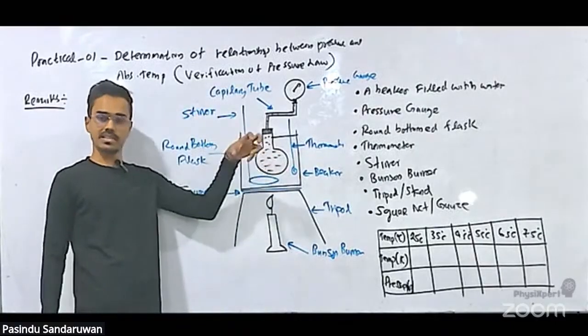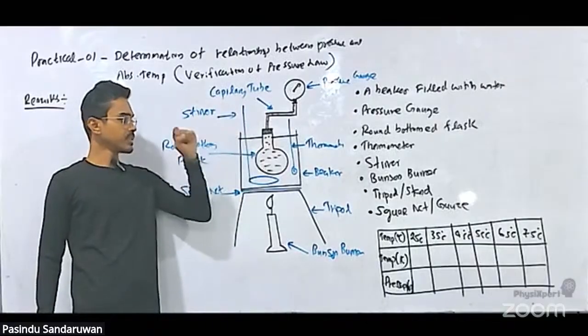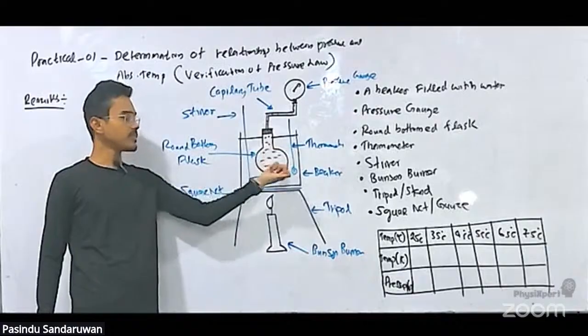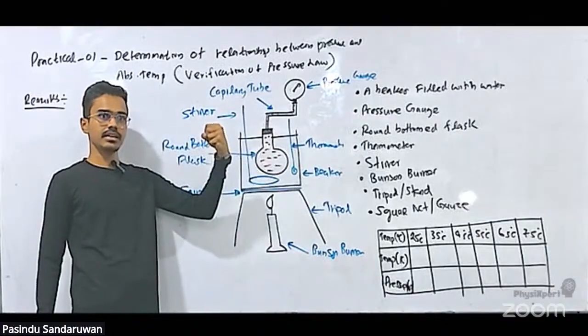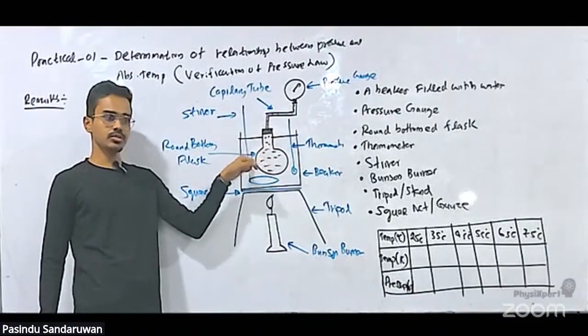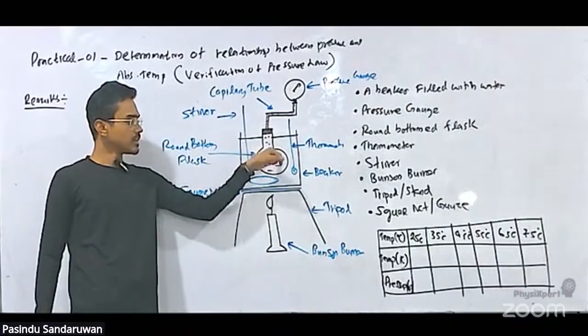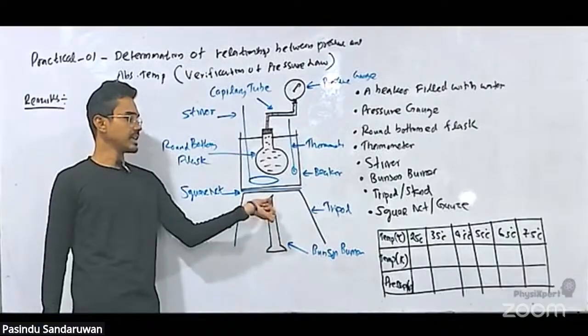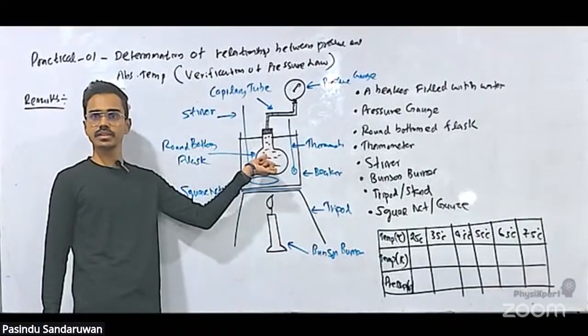When we stir properly, the heat is uniformly distributed. When the water is heated, the round bottom flask gets the heat, and then through conduction through the walls of the flask, the gas gets the heat. So again, that is not instant.